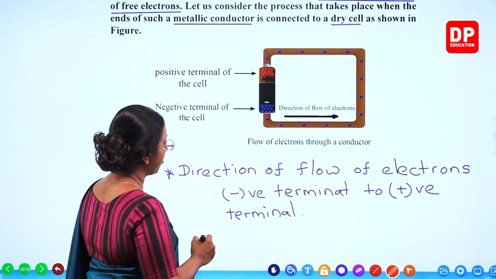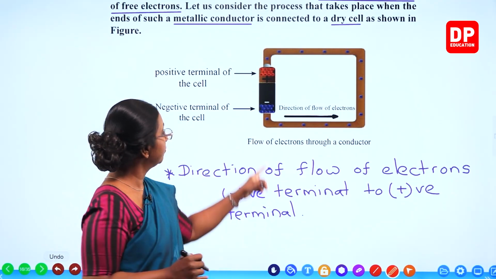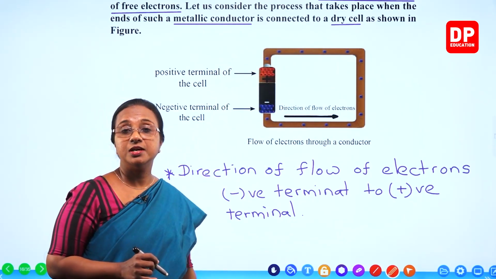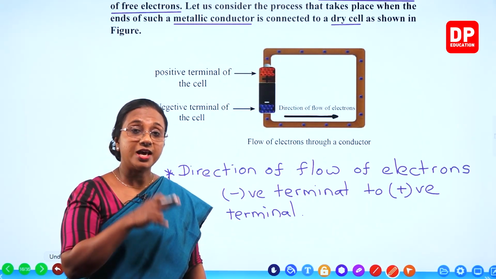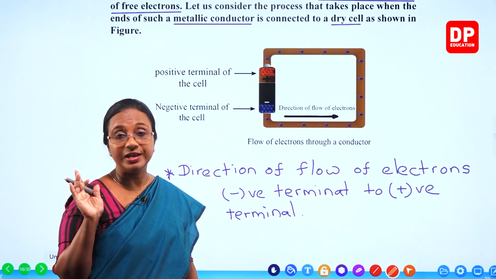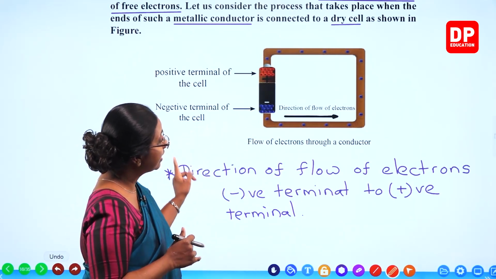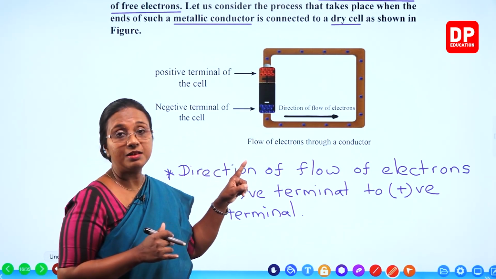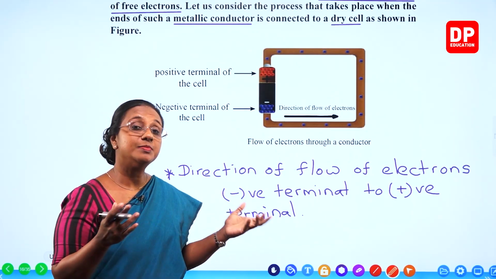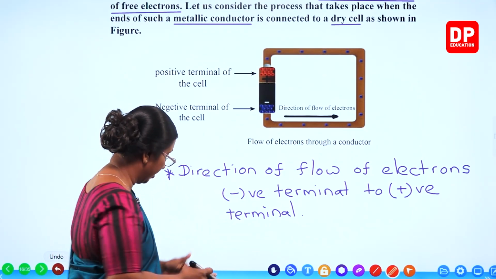That is important. Electrons always flow from the negative terminal of the dry cell to the positive terminal of the dry cell. So there are charges flowing, that means there is current electricity flowing through the conductor. Like I explained to you all, if you connect a bulb, then you can see the bulb light. That is because current electricity is flowing.